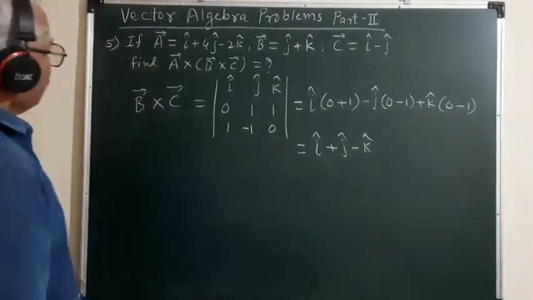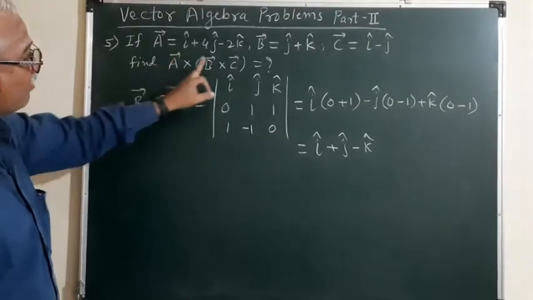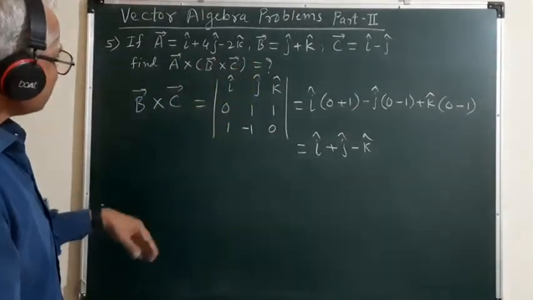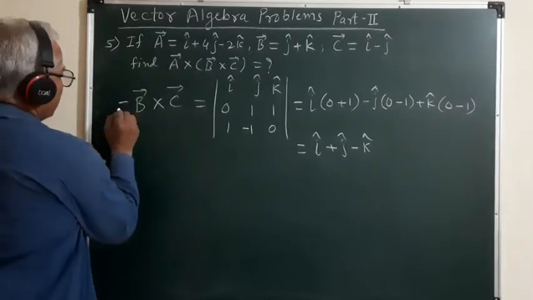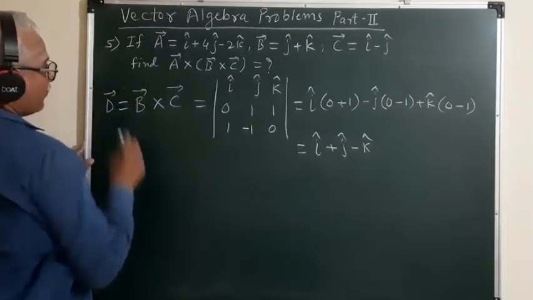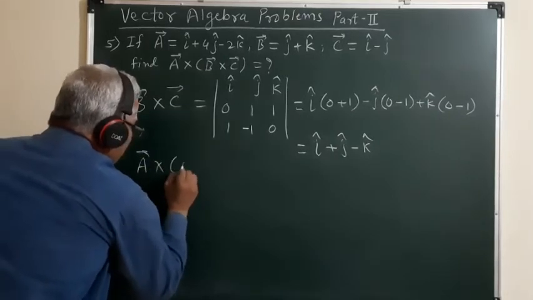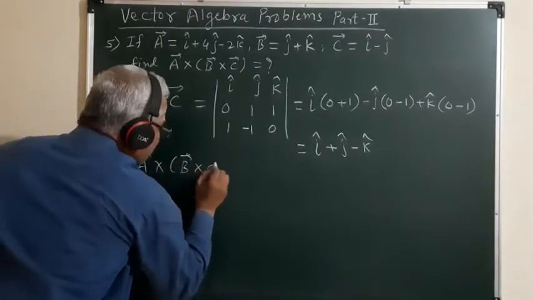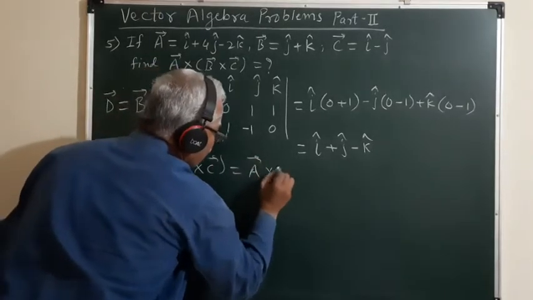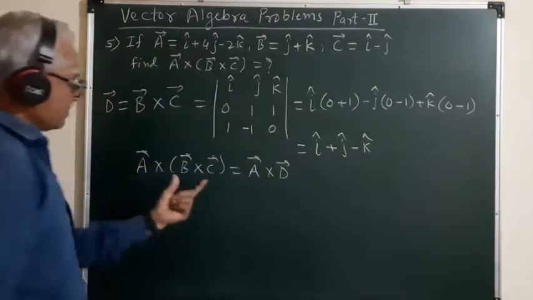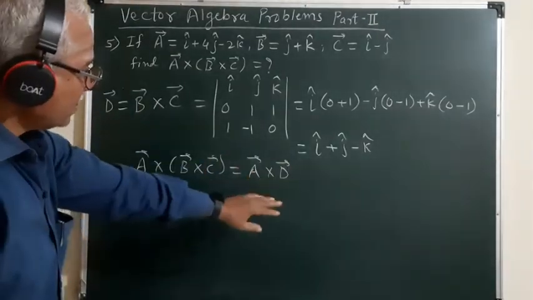Now we are asked to evaluate the vector triple product of the vectors a bar, b bar and c bar. So let us replace this vector b bar cross c bar by a vector d bar, so that a bar cross b bar cross c bar is nothing but equal to a bar cross d bar.